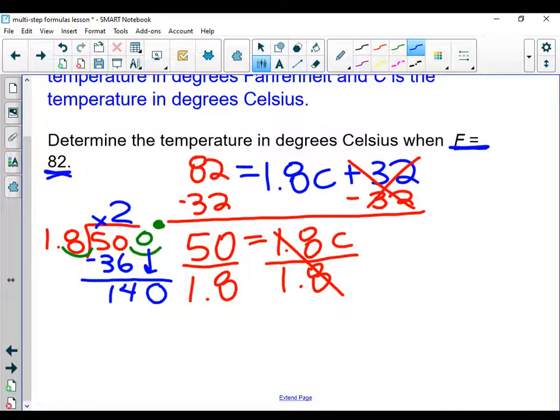Zach, do you have any guesses for how many 18s fit into 140? 10. Ooh, a tiny bit too big. No problem, we'll just guess again. 7.